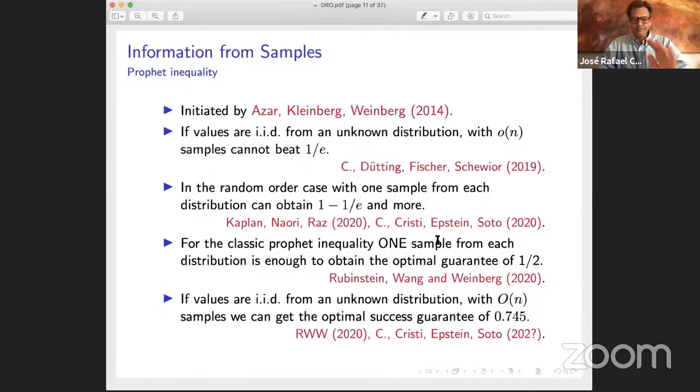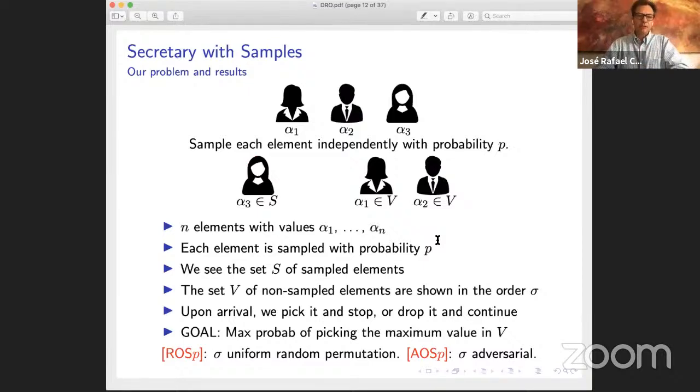Okay, so what is our problem? Our problem is very much inspired by this Kaplan et al. paper in SODA 2020. But we have some things that make it a bit simpler, and also the objective is different. So we have our set of candidates with values alpha 1, alpha 2, alpha 3, and so on, and we don't know these values. And there is some sampling probability p. The first thing that happens is that each element is sampled with probability p, and we get to see it.